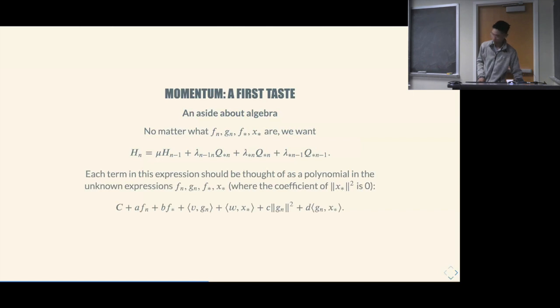And the sense in which I want this to be an inequality, which is maybe a minor conceptual insight, is that I want there to be an inequality as a polynomial in these four variables.